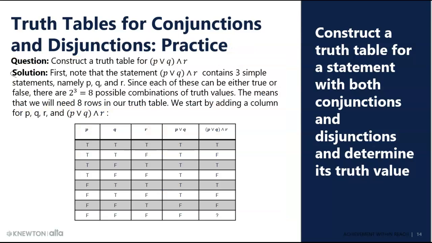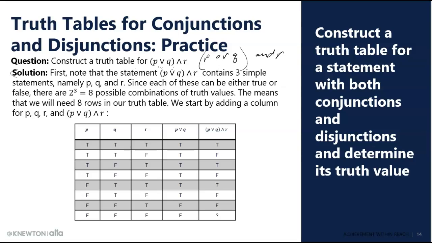So this is the truth table. This is P or Q and R. You do the P or Q first because it's in parentheses. Just like in algebra class, you do inside the parentheses first. Otherwise, we would move left to right and we would do that first anyway.